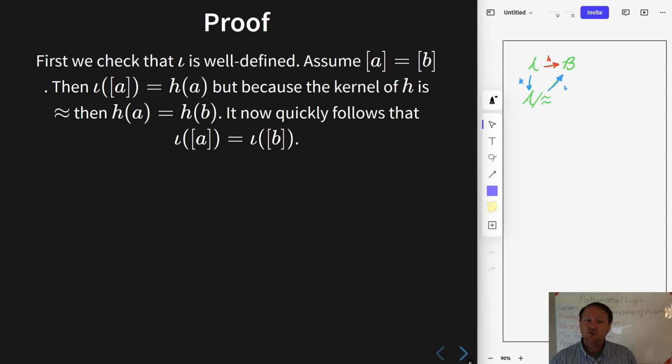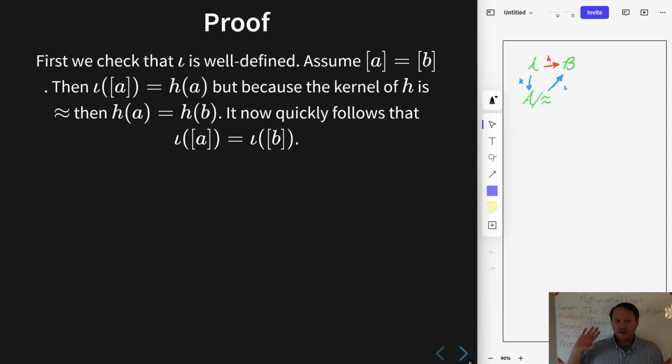So let's assume that we have two representations of the same equivalence class, that is to say the class of a equals the class of b, so these a and b are two different representatives of the same class, and we want to guarantee that iota of the class of a is actually equal to iota of the class of b, right? Since iota was defined in terms of the representatives, this is a true concern, so let's make sure that we've got it right. We do, but let's prove it.